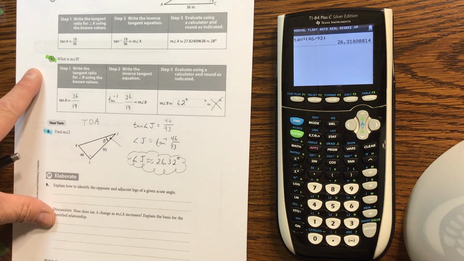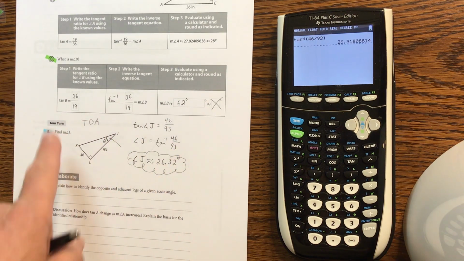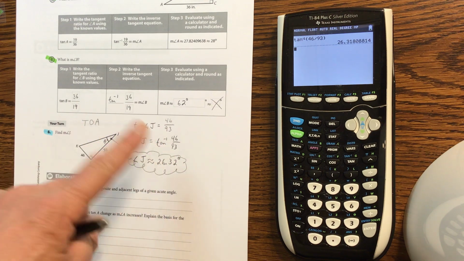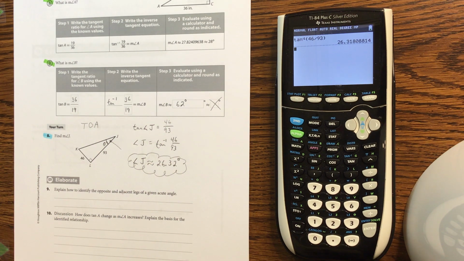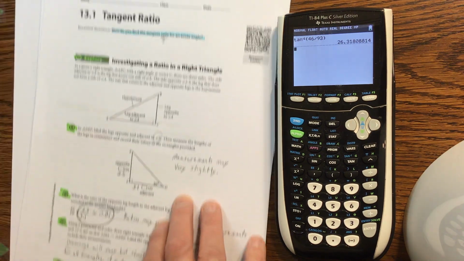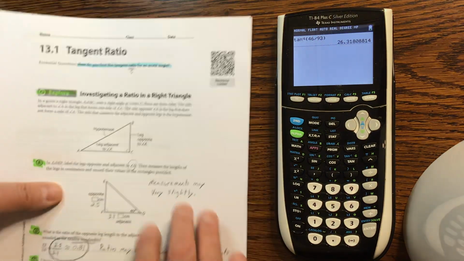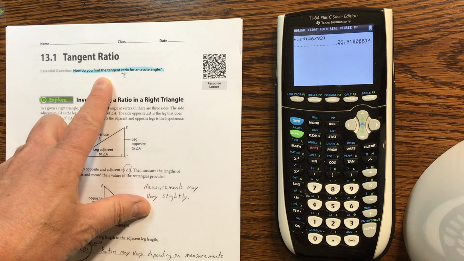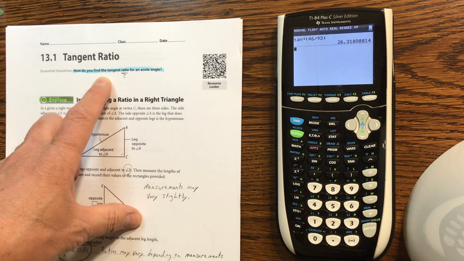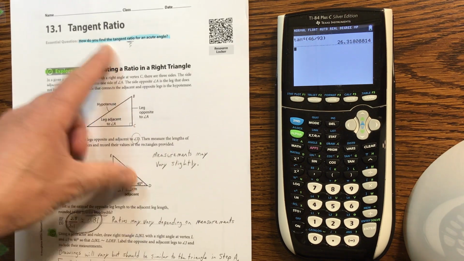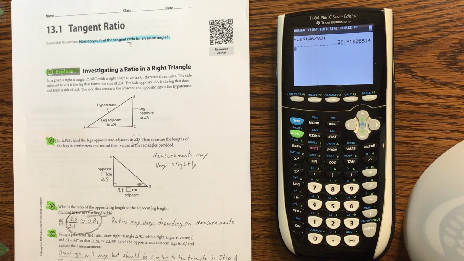So go ahead and pause the video and go back, do it again, but that's what we're doing in this section. All right, guys, that is section 13-1, tangent ratio. How to find the tangent ratio of an acute angle. Again, I think it's going to be relatively easy.